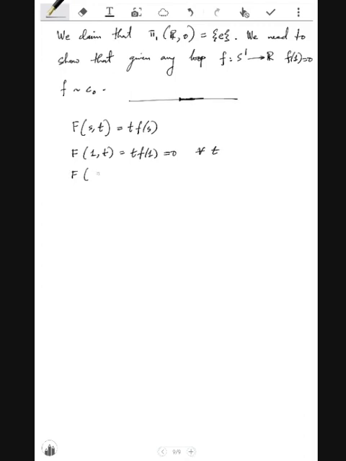F of s comma 0 is equal to 0, and this is the constant map. F of s comma 1 is equal to f of s. So we could have also written this homotopy as follows.